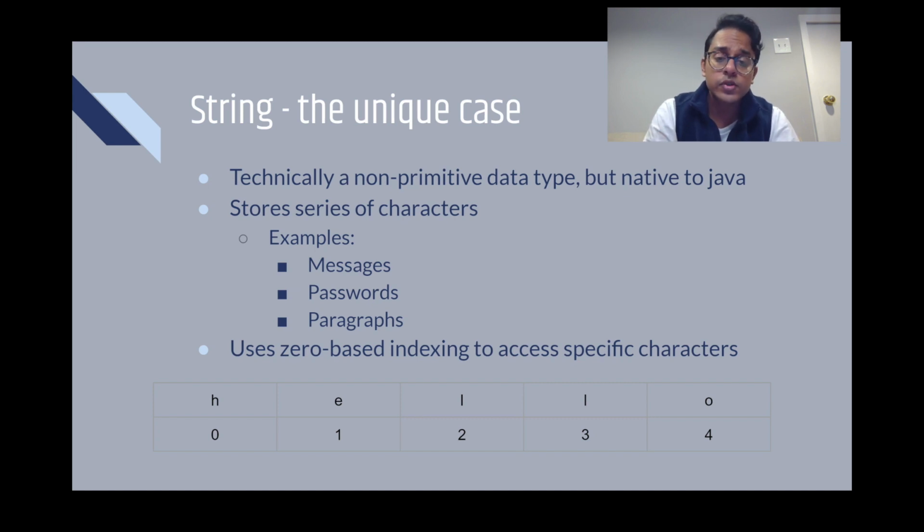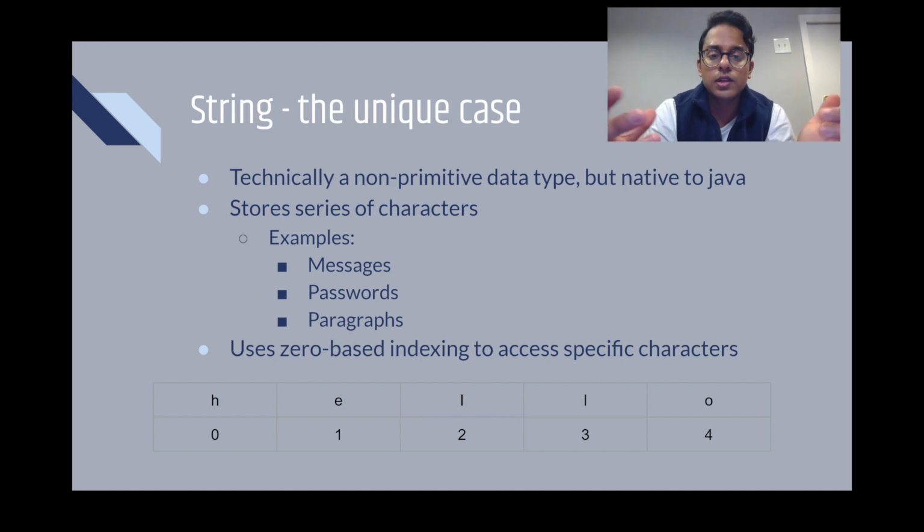Some examples of things you can store in the string data type are messages, passwords, sometimes paragraphs, and many other types of text. And I've shown an example below, a visual representation of how a string is going to store some of its information within a computer program.